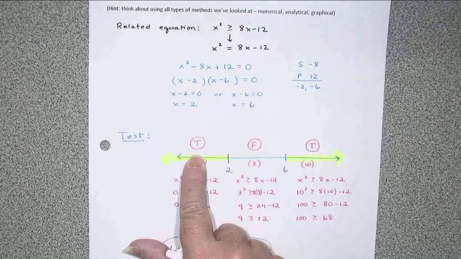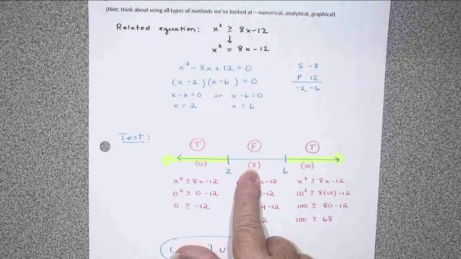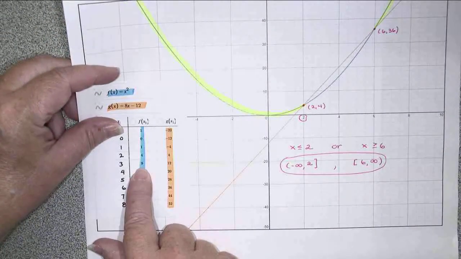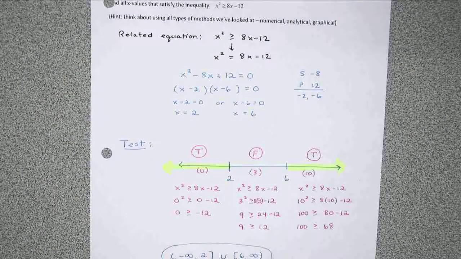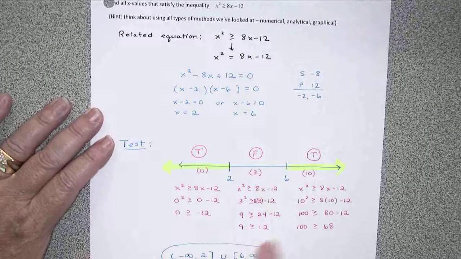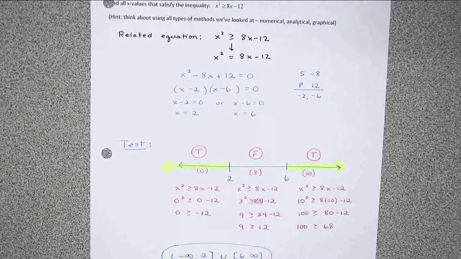Yes, that's true. And then I went to the test point 3. At 3, is 9 greater than or equal to 12? No, that's false, and so on. So I wrote out my tests by hand, but it is okay to use the table of values on the calculator or computer to do the calculations for your test as well.